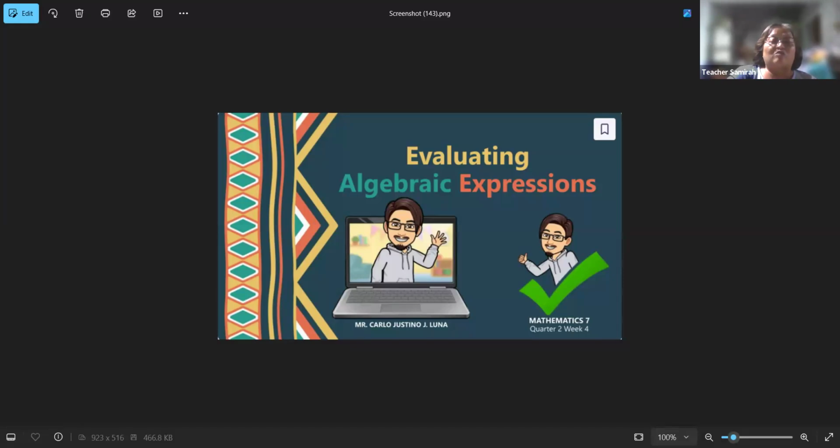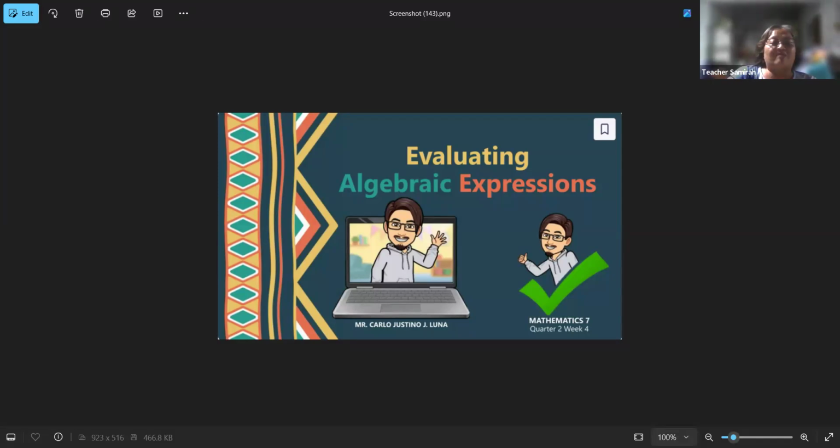The 2 is the exponent. It tells how many times we are going to multiply the base, which is 4, by itself. Since the exponent is 2, we multiply 4 by itself 2 times: 4 times 4, which equals 16.